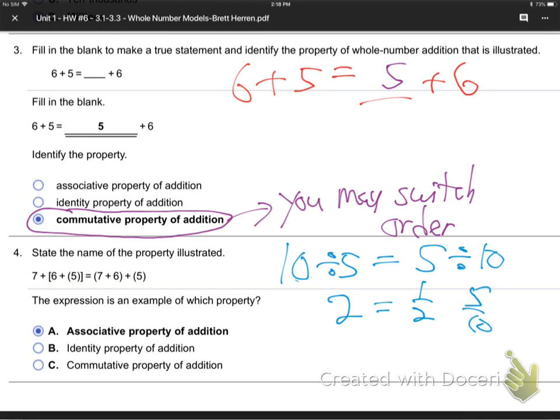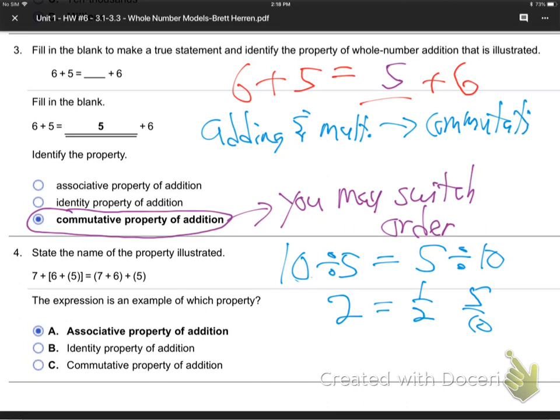So it's not true for dividing. So for which operations are commutative then? Adding and multiplying are commutative, meaning you can switch the order. But for dividing and subtracting, the order matters.